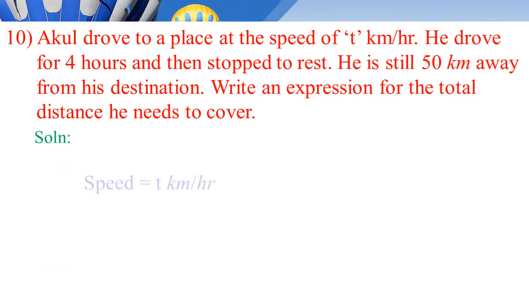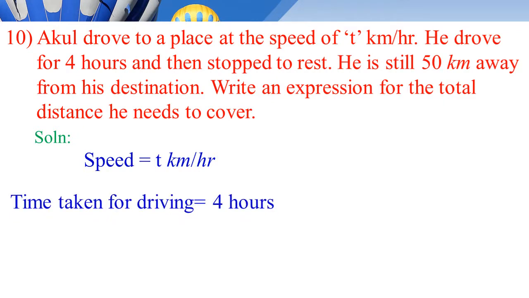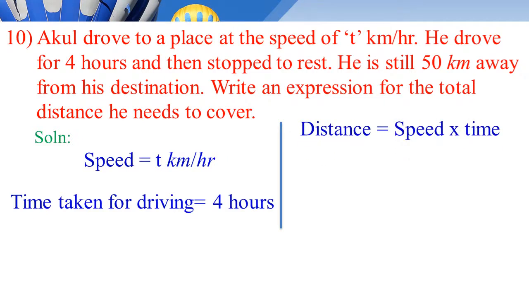So here the speed is denoted by t kilometers per hour. Next, time taken for driving equal to 4 hours. Next, we know the formula: distance equal to speed into time. Because we want to find the total distance he needs to cover. So here speed is t, time is 4.